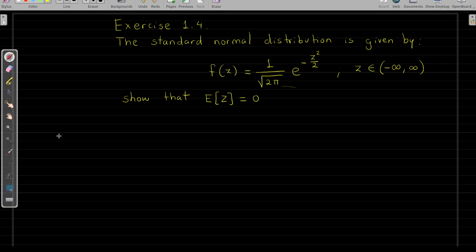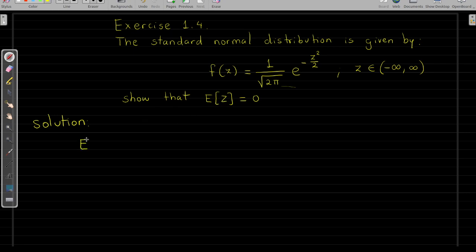Alright, so how do we go about it, guys? Let me first write down the solution. Good. First thing is we need to remember what the expression is for finding the expected value of a random variable, z in this case.